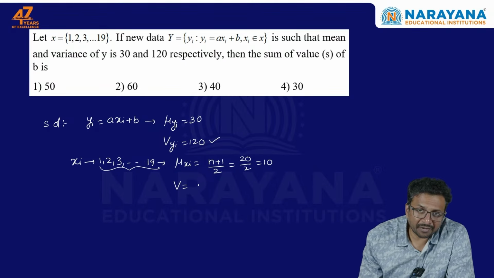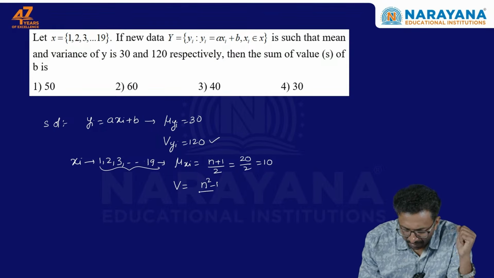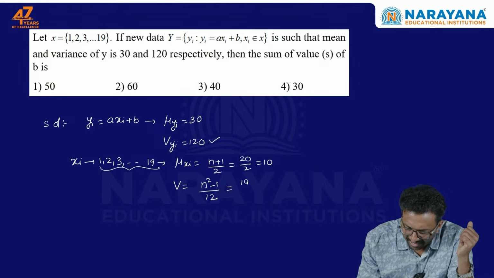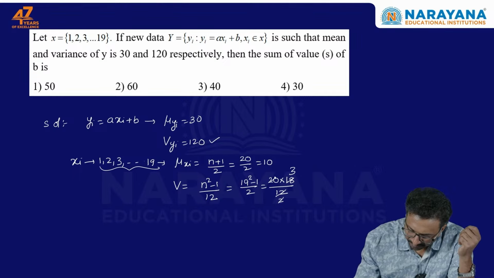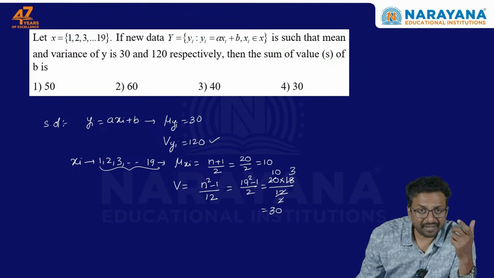There is a shortcut formula for the variance of first n natural numbers, which is equal to n square minus 1 by 12. So there are 19 numbers. So 19 square minus 1 by 12. A square minus b square is a plus b into a minus b by 12. So 30 is the initial variance of xi's.